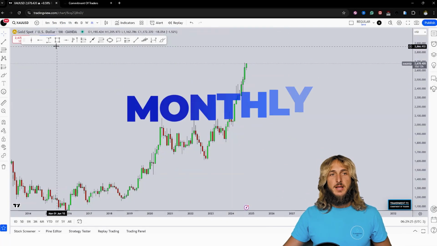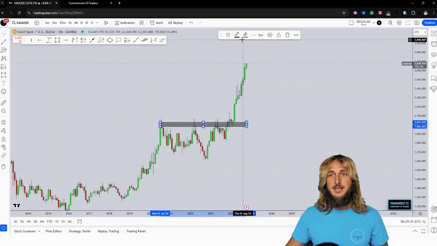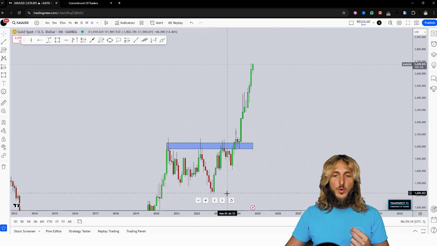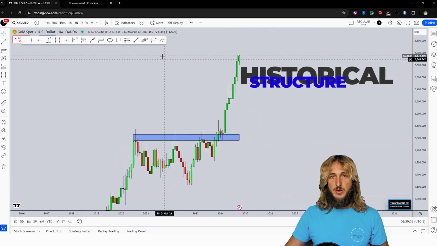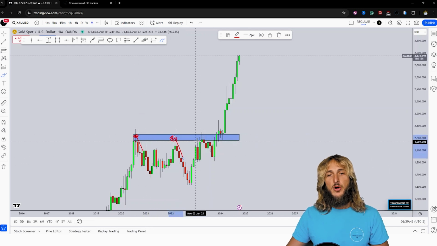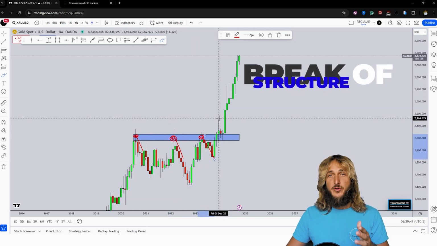Starting here from the monthly time frame, what we can see is that at the moment we have a market which is currently still in the rejection phase away from a quite strong historical structure level for this market. This area, in fact, was already acting as previous resistance starting from here, preceding all these previous rejections to the downside. Then the market broke above the zone with this impulse.